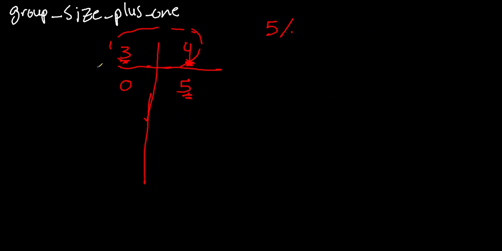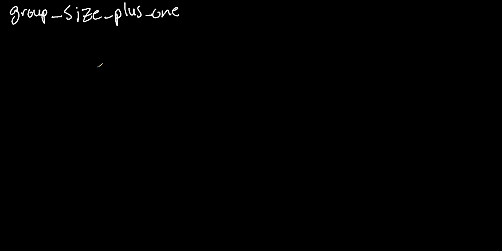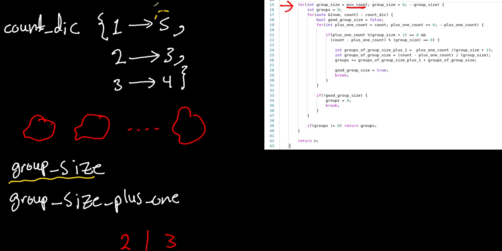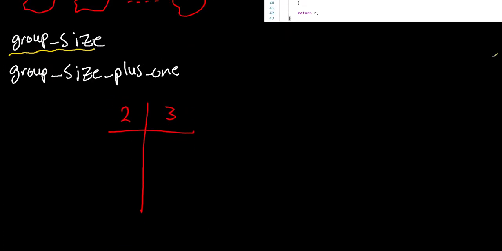Then we need to try with group size equal 2. In this case, group size plus 1 will be 3. And again, we need to check all of these values in the dictionary. We start with 5.